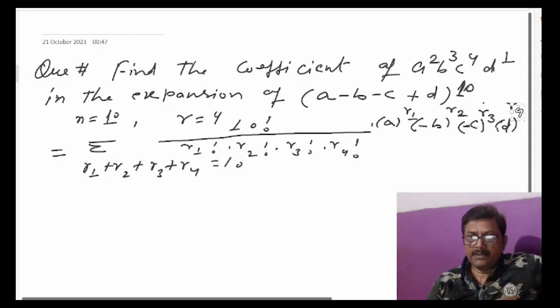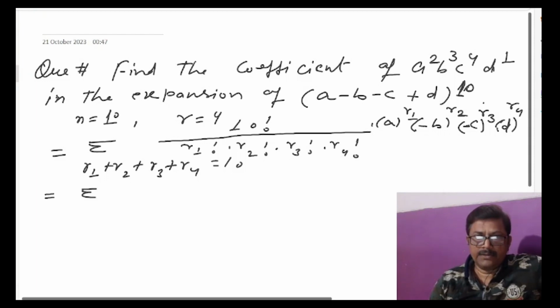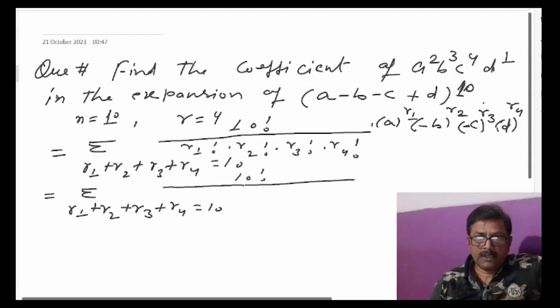So I applied the multinomial theorem. Now I will rearrange it. Sigma r1 plus r2 plus r3 plus r4 equal to 10, factorial 10 upon r1 factorial into r2 factorial into r3 factorial into r4 factorial.